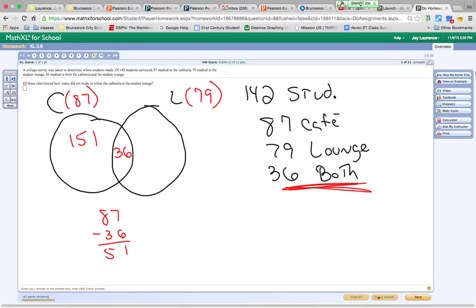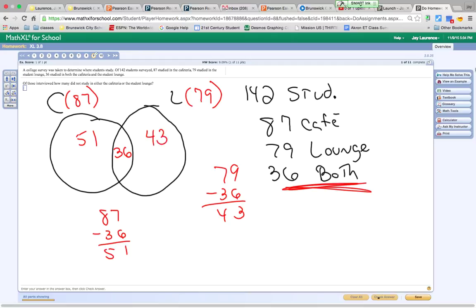Not 151, you silly dooger. There we go, 51. To get the number of students that only studied in the lounge, I'm going to take 79 and subtract 36. When I do that, I'm going to get 43.